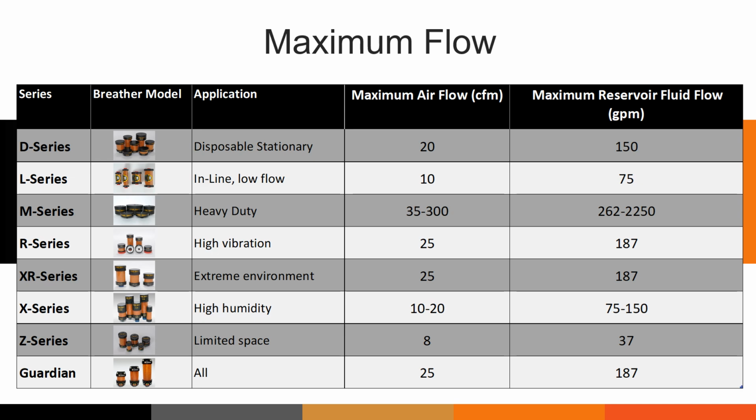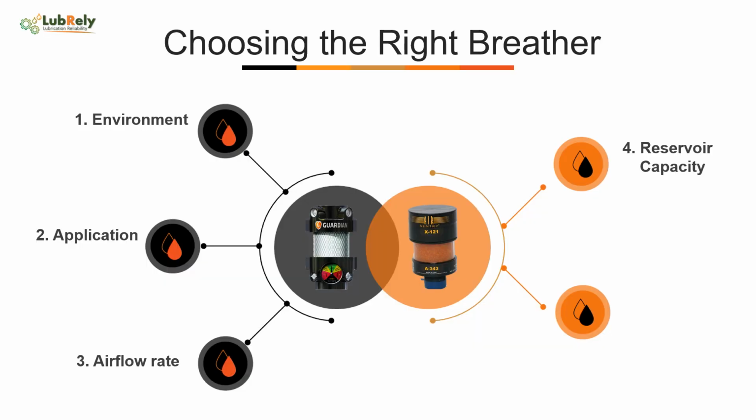Installing a desiccant breather without enough airflow creates excessive pressure, causing a vacuum, which will damage the equipment. It is very important that the breather doesn't restrict air to the point it creates lubricant flow issues within the system.